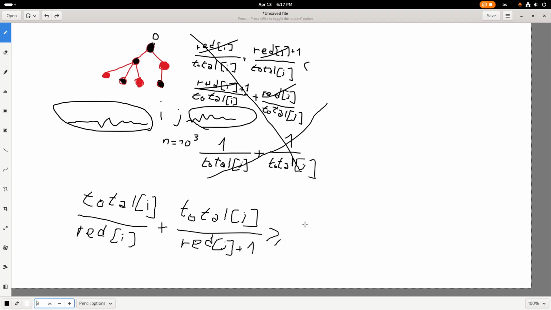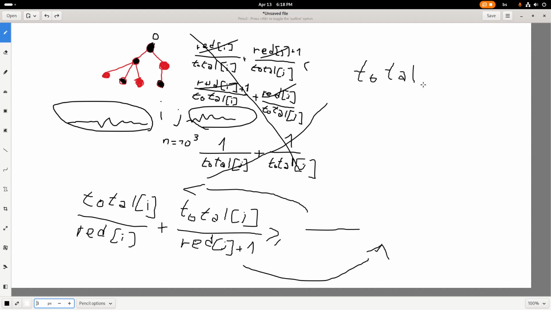I think that if this is greater than or equal to the same thing, but with red of I plus 1, like total of I divided by red I plus 1, then you should swap them, meaning that if I take this one to this side and this one to that side, you get total of I divided by red I times red of I plus 1, where this is the number of red nodes at that moment.